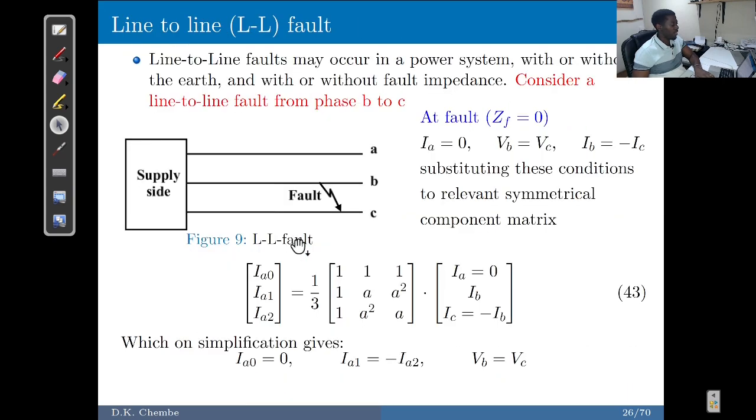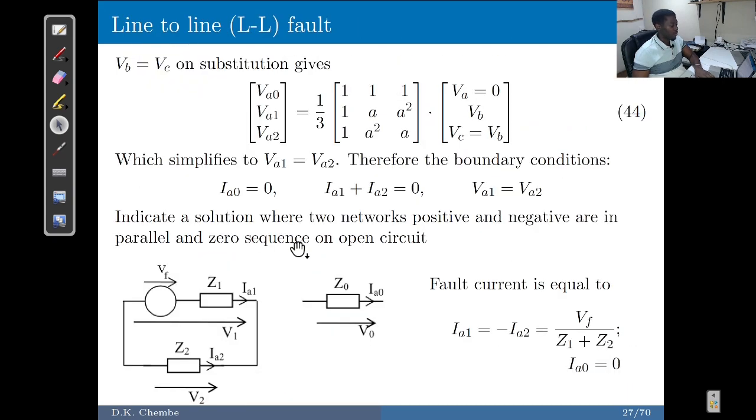If it is line to line, what you're going to have is that you've got the positive sequence connected in parallel with the negative sequence, whereas the zero sequence is decoupled, disconnected. So I0 is 0.